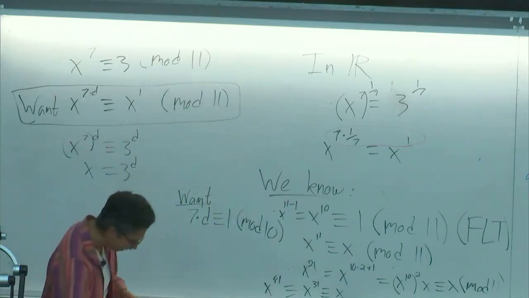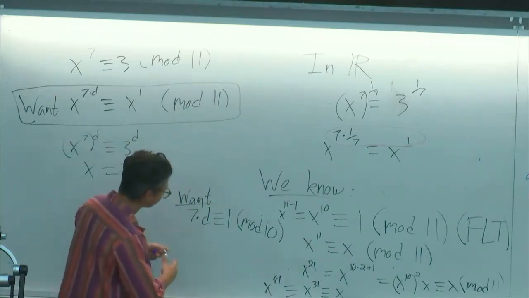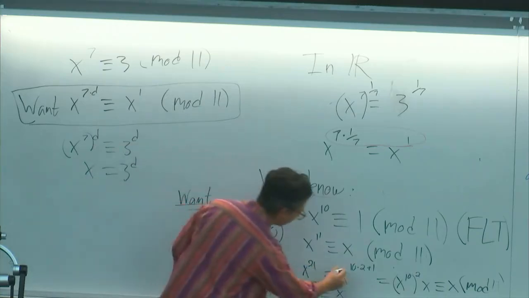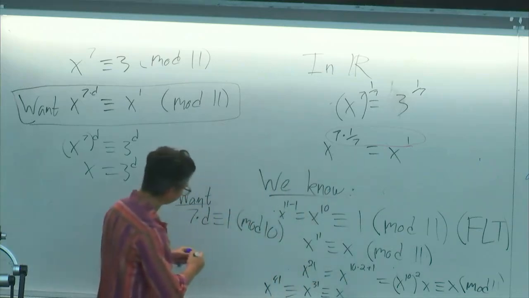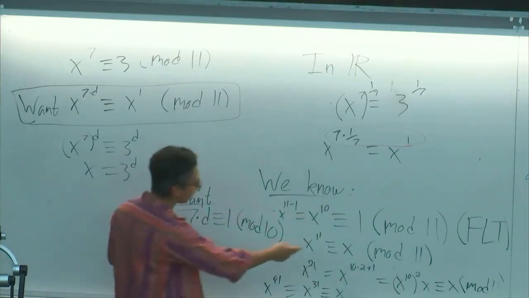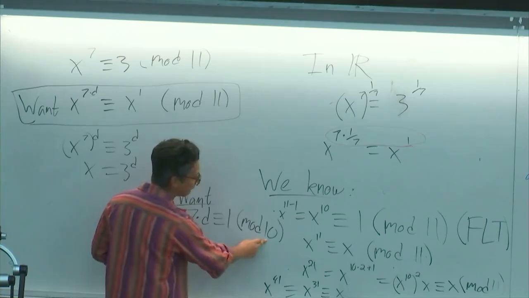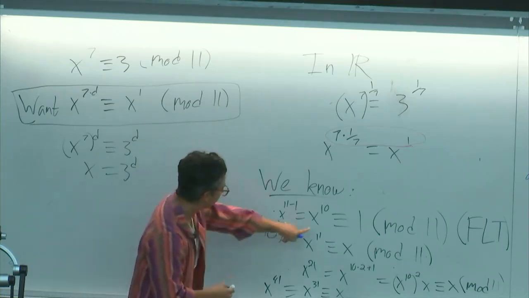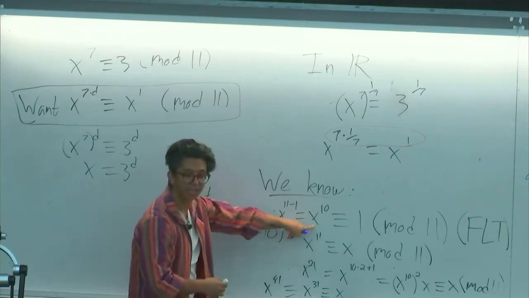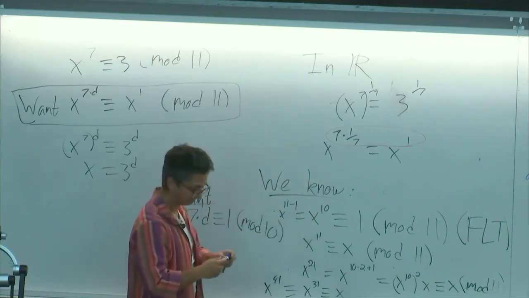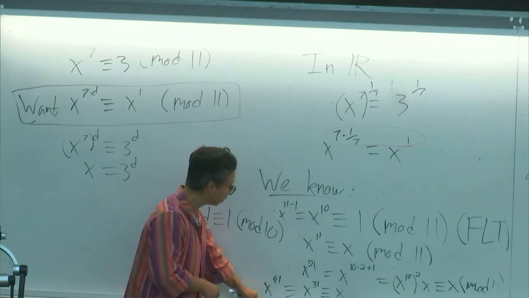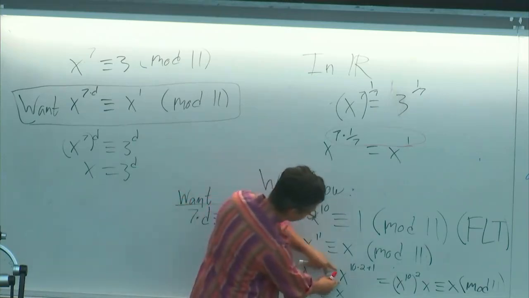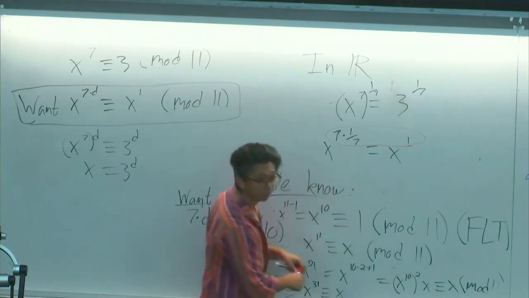So this is weird. Where did this come from? The problem we have is that we're dealing mod 11, so why are we moving to mod 10? It's because we're not working anymore in the land of x's and y's. Yeah? Sure. Yeah. So 21, that's going to be x to the 10 times 2 plus 1.